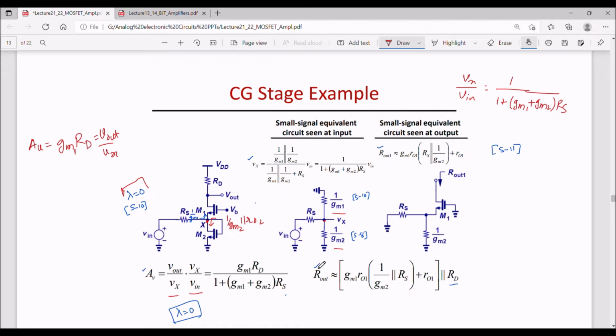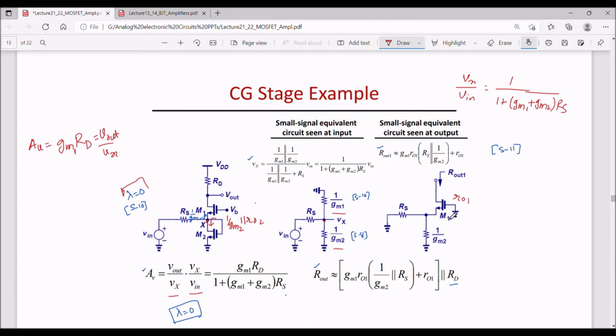Now output impedance can also be found. For output impedance calculations, let us say that channel length modulation is not 0 for M1, it exists, so we'll include RO1 in M1.